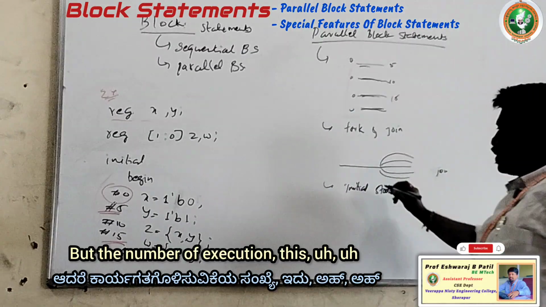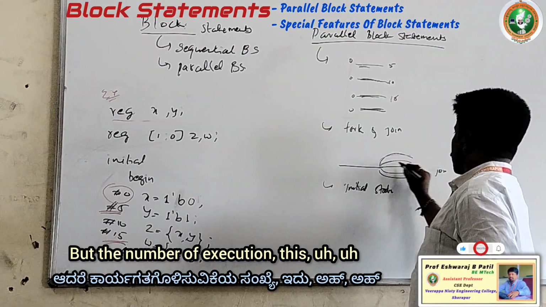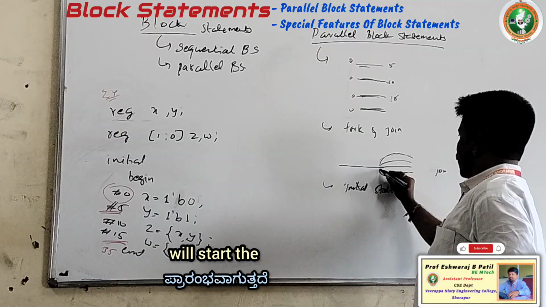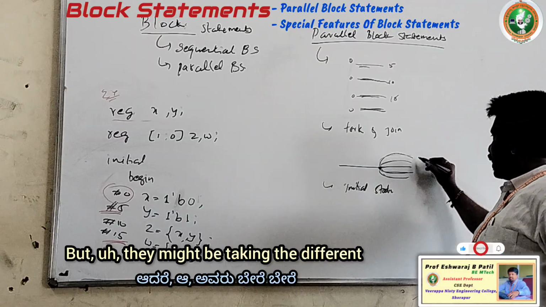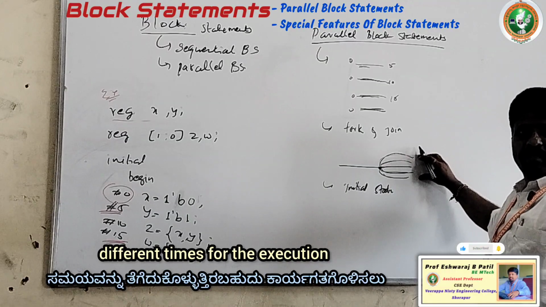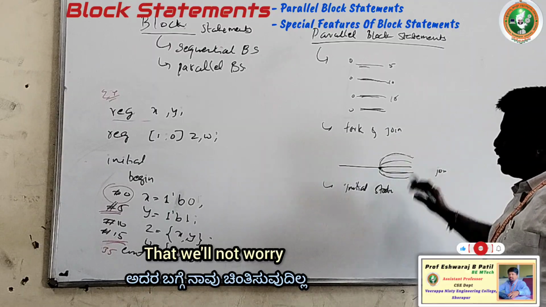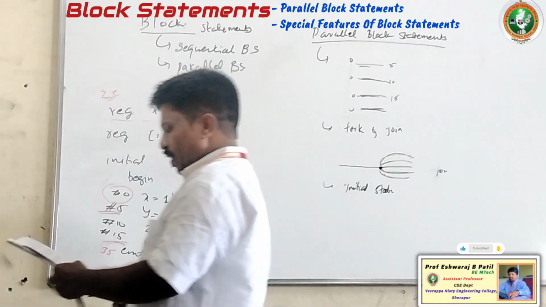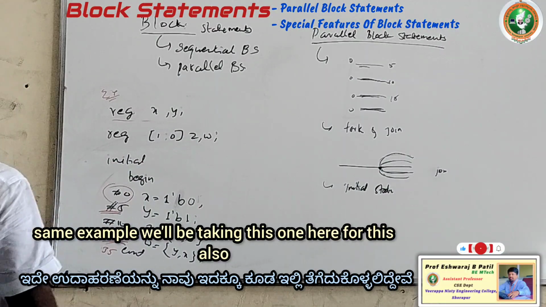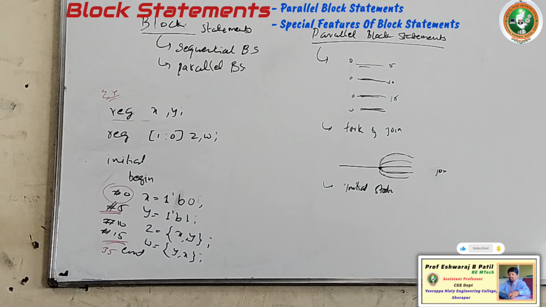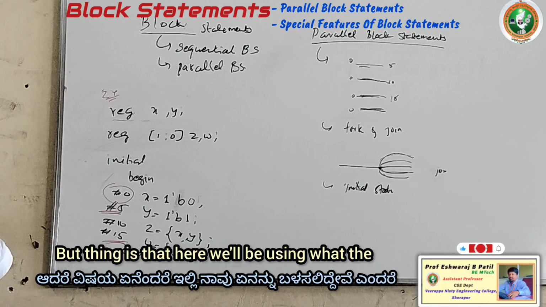The execution of these statements will start at the same time, but they might take different times for the execution, which we will not worry about. For example, we take the same example here.